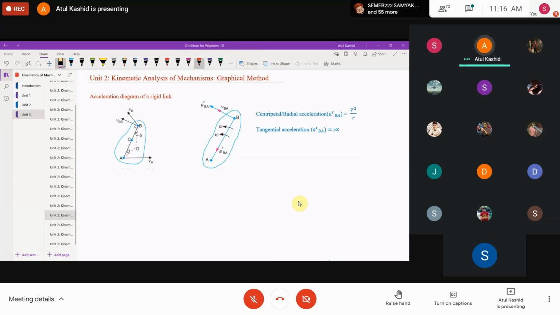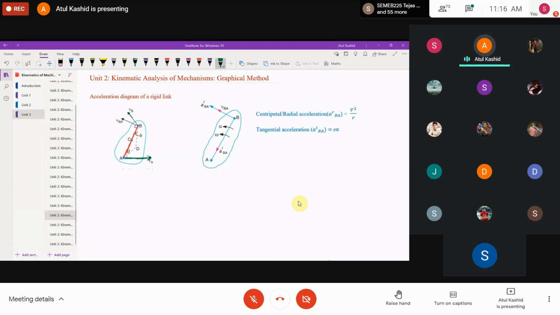But here we don't have any fixed point. We have a rigid link AB, and they have given us the velocity of the point A. This is nothing but the absolute velocity over here.